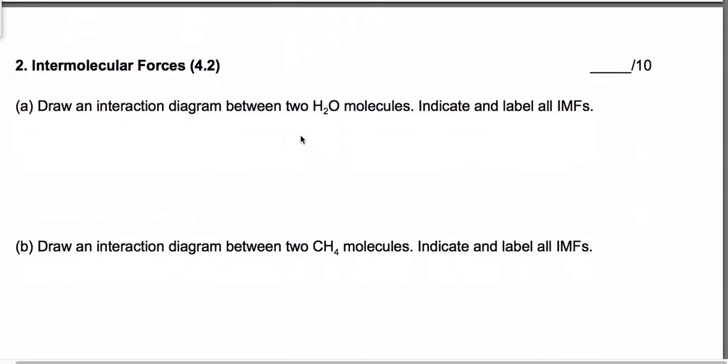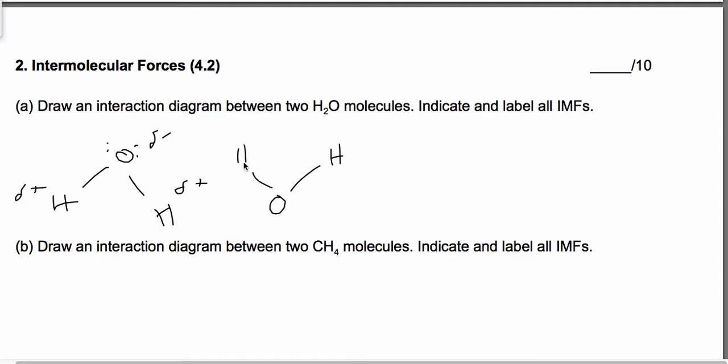Okay, draw an interaction diagram between two H2O molecules. So we know that those are polar, partially negative, partially positive, and the other water molecule is going to be there. Partially positive, partially negative, boom, boom, boom. Okay, so this right here is the IMF.